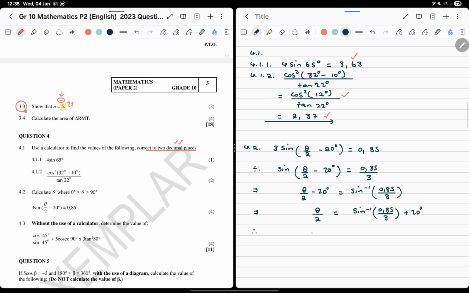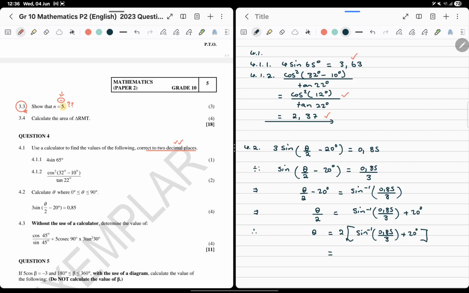We can say therefore theta is going to be 2 into arc sine 0,85 divided by 3 plus 20 degrees. Okay, when we cross multiply the 2 there.